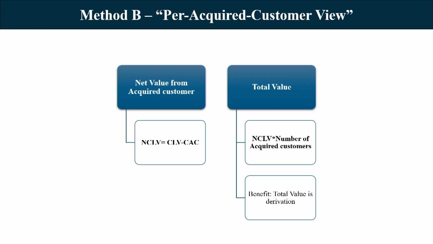Now, in method B, what will we do? We will do a calculation per acquired customer. We will calculate the value in terms of per acquired customers. So, we are just moving ourselves from prospect level to acquired customer level. We will not look into the acquisition rate, rather we will look into the number of acquired customers and the net value of these acquired customers.